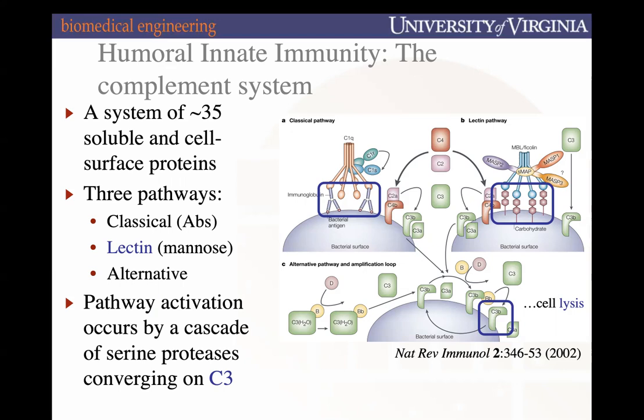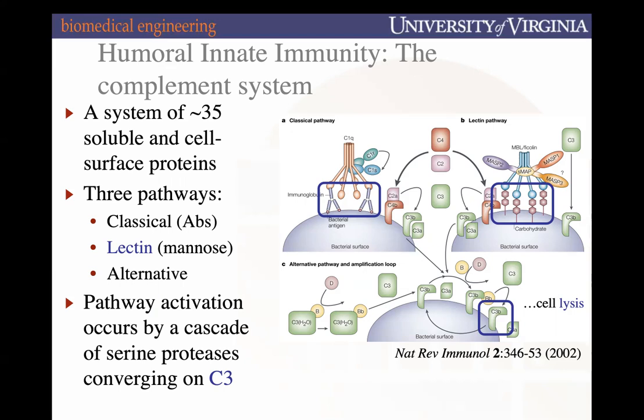They could be the same antibodies recognizing the same epitopes, or two different antibodies recognizing two different epitopes on the surface here. But what's key to know is that the classical pathway is initiated by a complement protein called C1. It almost looks like a spaceship that comes in and docks on the surface of the moon. It comes in and binds to these antibodies on the surface of this bacterium.